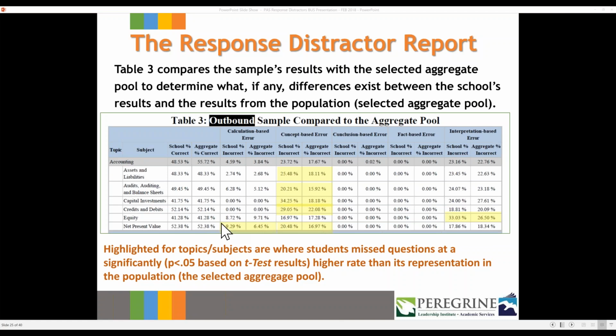Okay. So the idea here is, assume that your students were making a higher percent of questions answered incorrectly due to calculation-based error than the test bank and than your aggregate pool of comparison.